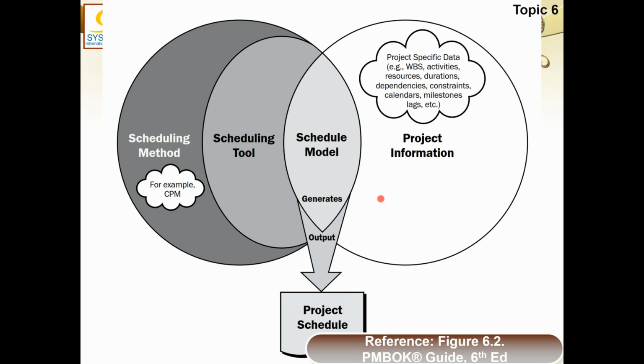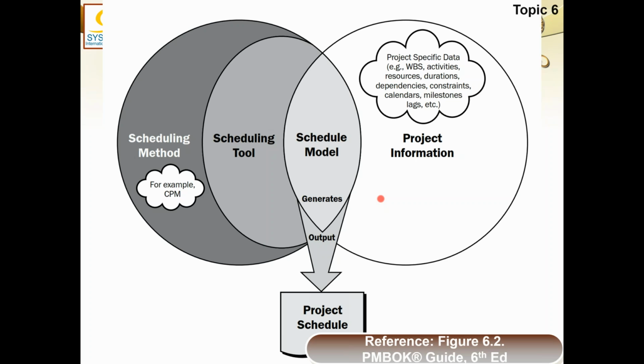The importance of schedule is such that for all other knowledge areas, if anything is planned for any other knowledge area, in one way or the other, it is ultimately going to impact the schedule.